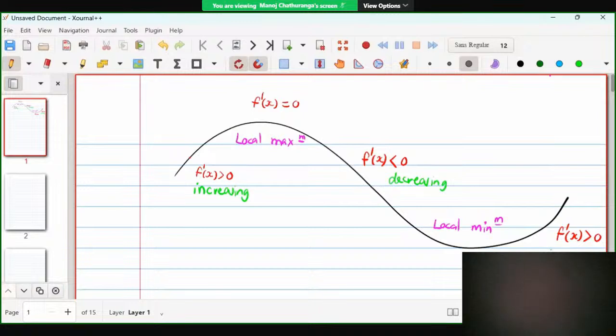So in this way, derivatives help us to understand these types of turning points and increasing regions, decreasing regions.